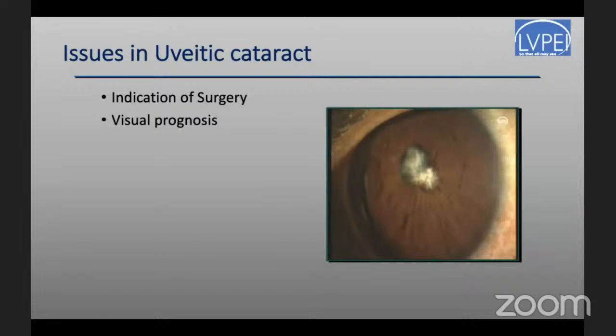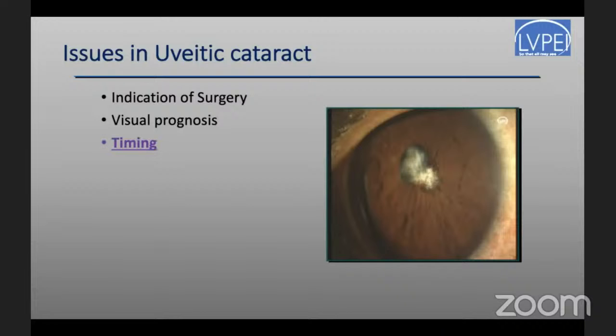Most of the time the indication of surgery is of course to improve vision for the patient, but sometimes we might be operating in order to have a view of the posterior segment. Therefore the visual prognosis must be explained in detail, with a lot of chair time taken up to counsel the patient so that they have realistic expectations post-operatively, and also understand that the disease does not end with removal of the cataract, but the inflammation needs to be tackled separately.